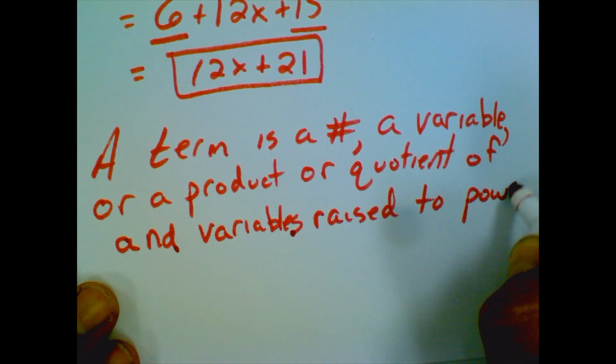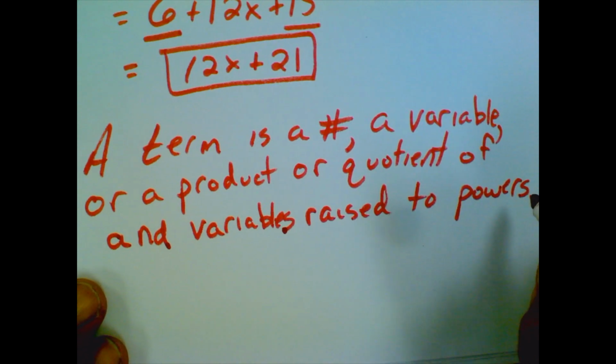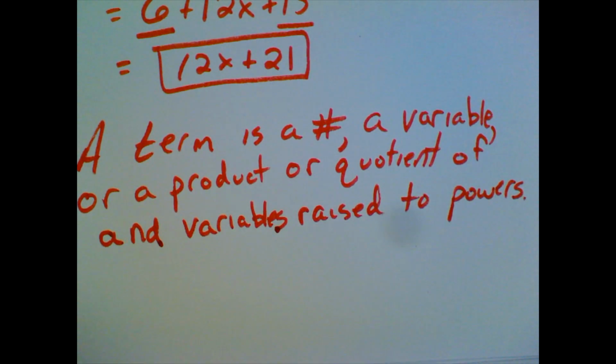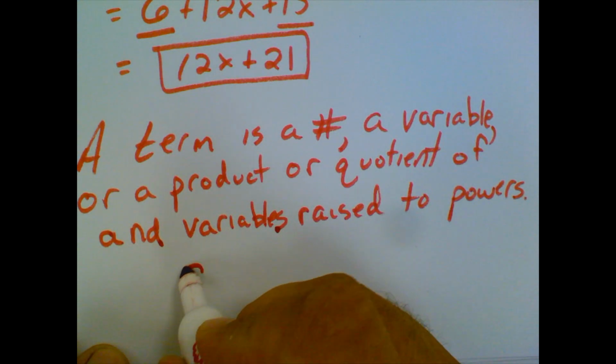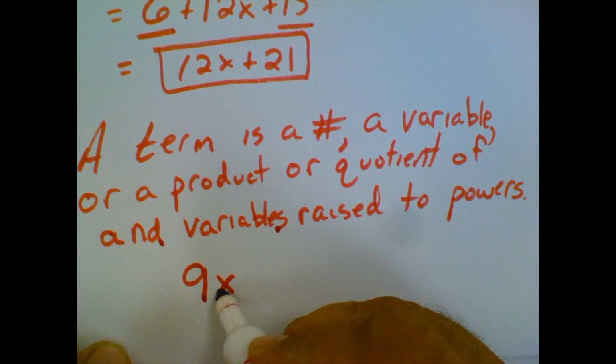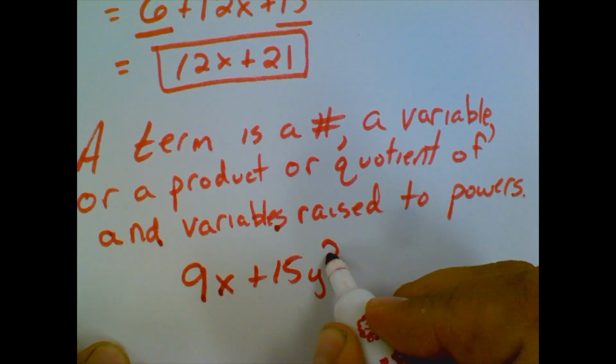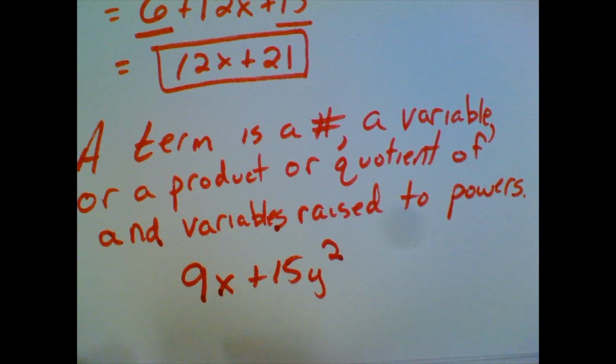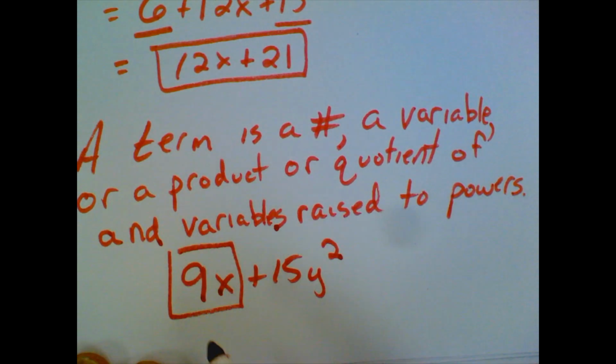Now notice the key thing here for the definition of a term is it doesn't talk about adding and subtracting. So the addition sign and the subtraction sign are what separates terms, and sometimes it's easier to think of it that way. For example, if I had 9x plus 15y squared, the terms in this problem would be 9x.